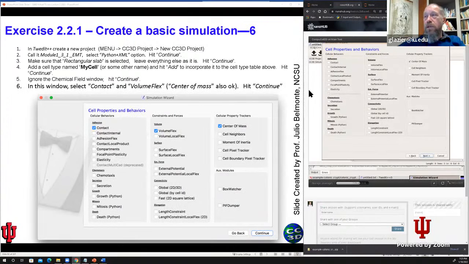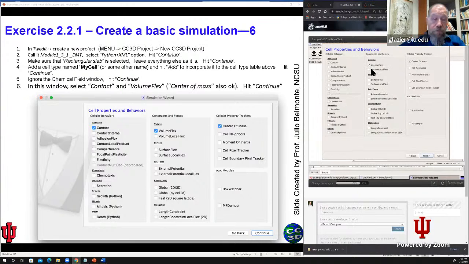And now this is the window that we're going to use so much in specifying simulations, because this is specifying now the plugins that specify those constraints and energy functionals that we were talking about. We're going to give the cells a contact energy. We're going to give them a volume.